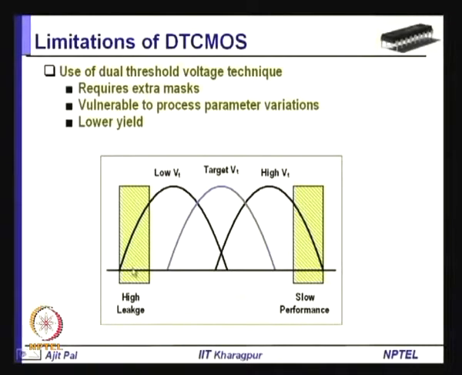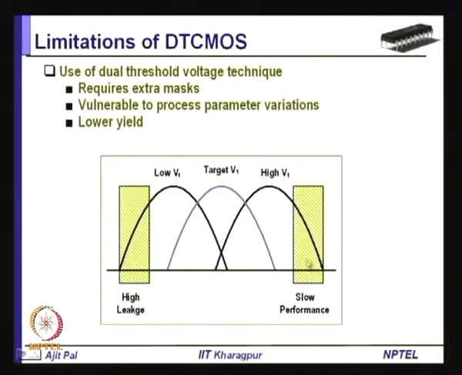Here you can see this is the low threshold voltage, which varies over this range, and this is the high threshold voltage, which varies in this range. Now, you can see the low threshold voltage variation. Whenever the threshold voltage falls in this range, the devices on the critical path will have so much power dissipation, the leakage current will be very high, and you have to discard those chips, those dies, because they will have a lot of power dissipation.